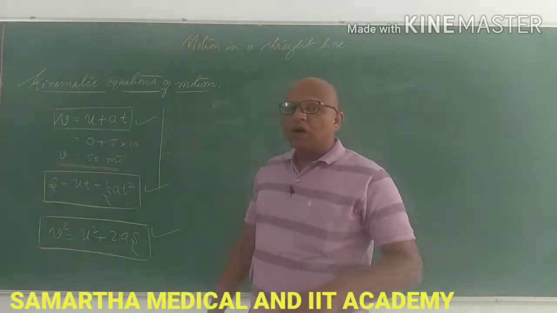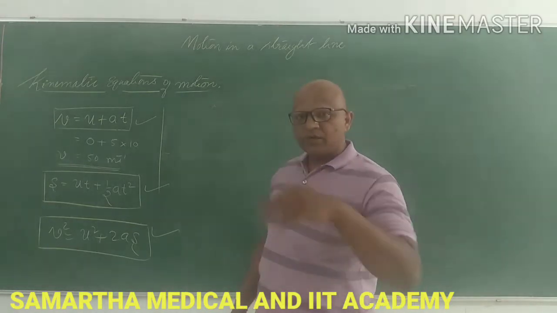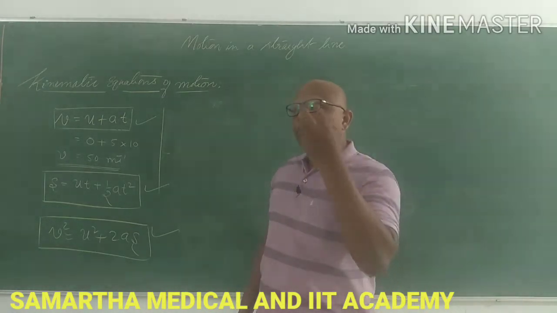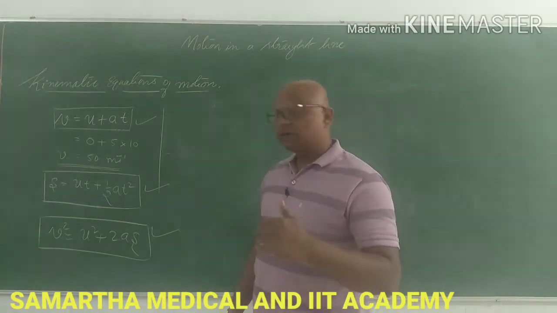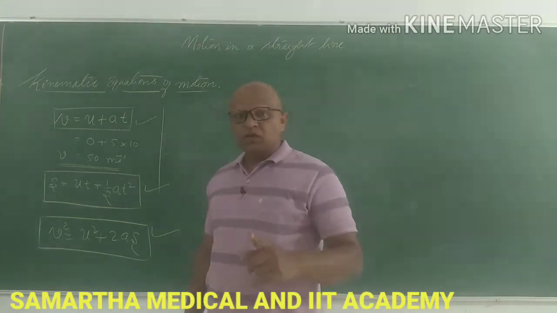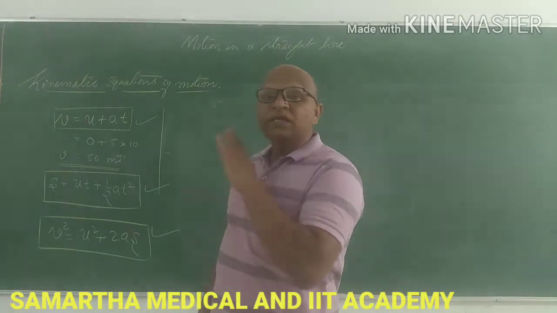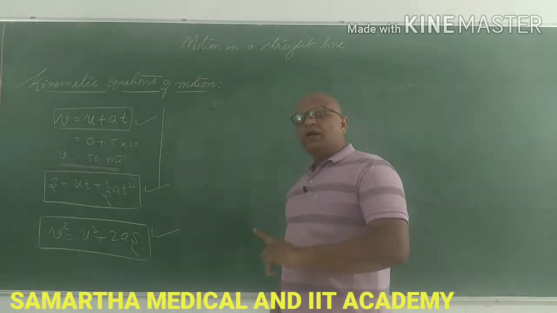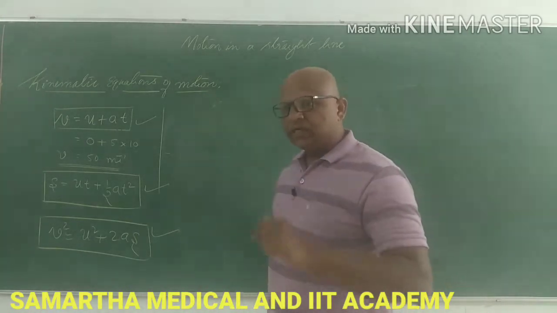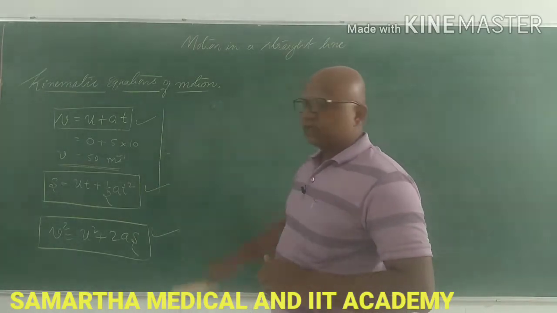You will know how these equations are obtained from the theory we know. And for that derivation, we use a very important thing, that is nothing but the velocity time graph. Using the graph of velocity time, we will derive these three equations.